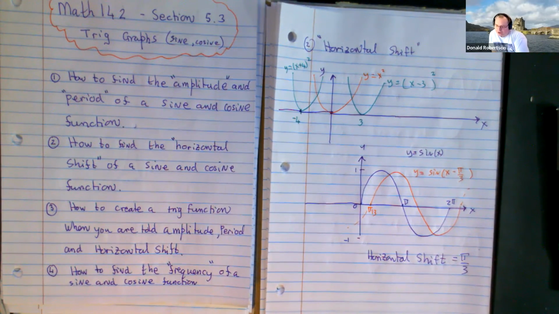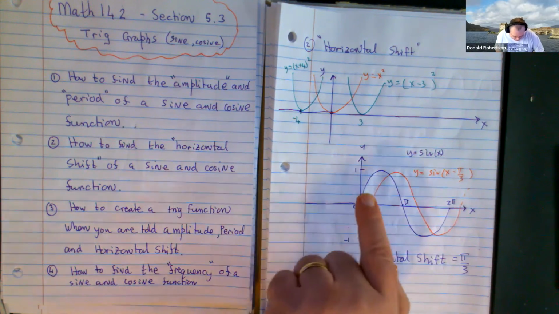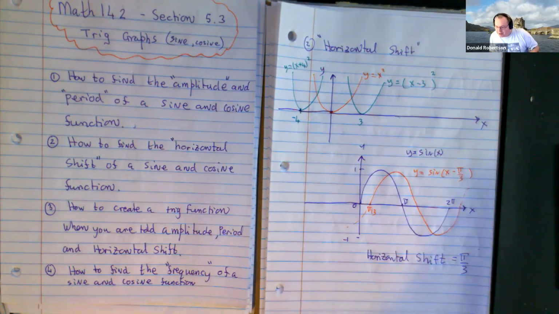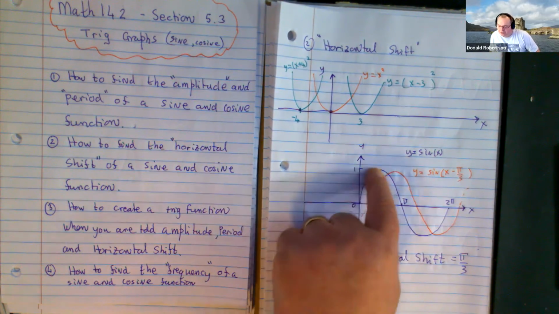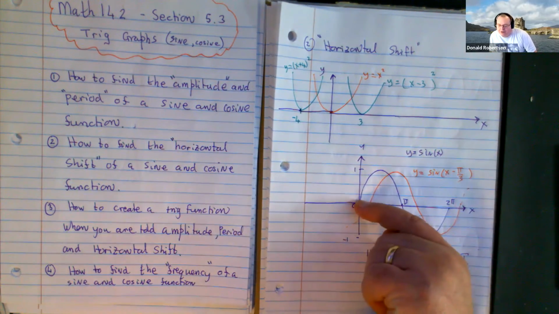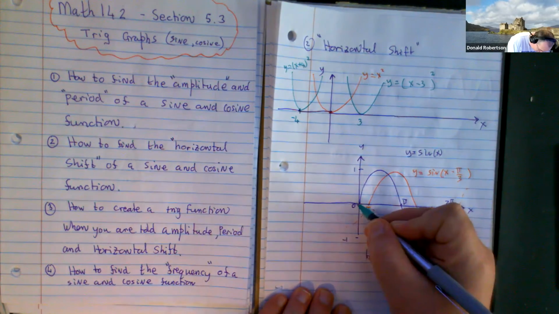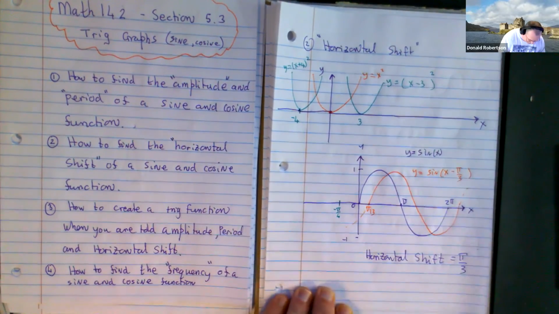Now, the horizontal shift is going to be the first one that we've met today that is allowed to be negative. I'm not going to draw on this picture because if I did, it would just be a mess. But I want you to imagine that I'm drawing it. If we took the blue one, the original sine x, but I moved it pi upon 4 to the left, in other words, I moved it right to there.